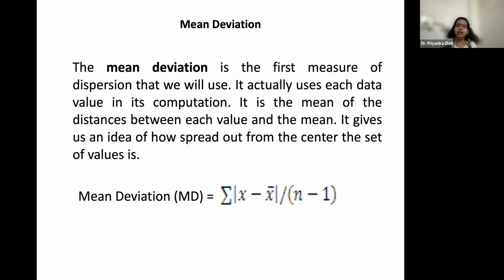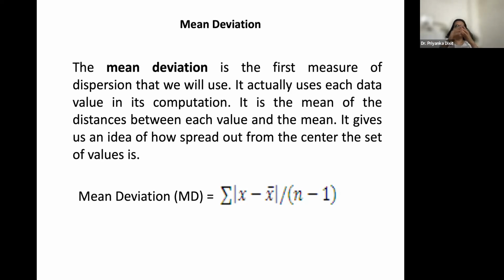So in place of n, we use n minus 1, which is also known as the degree of freedom in statistics. I can't give the other explanation at present because we have a shortage of time. You can just assume that we divide by n minus 1 so that we are in a better position to predict the population with the help of the sample.